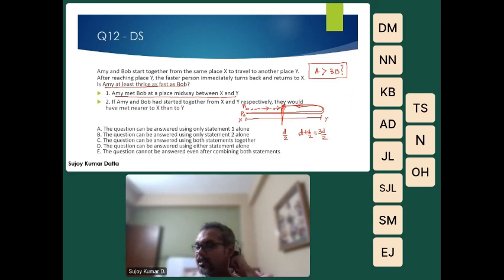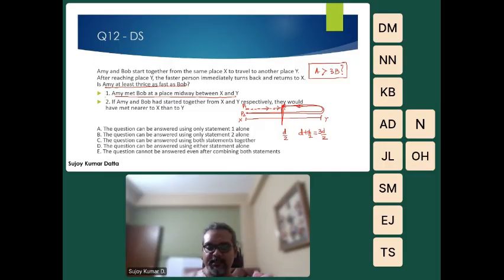Since the people have started at the same time and they are meeting, their time must be the same. Whenever people meet, the time is always the same, provided they start together, obviously. So in the same time, one travels d by 2, the other travels 3d by 2.